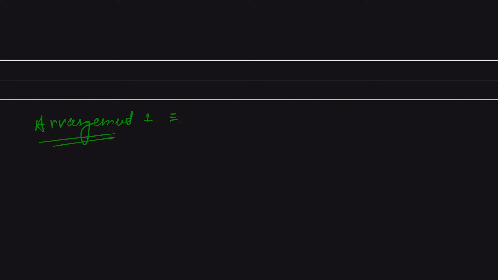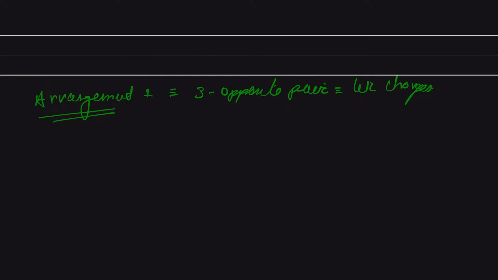For this arrangement 1, we have 3 opposite pairs, and these 3 opposite pairs have like charges. And whenever there are like charges, obviously there will be repulsion.